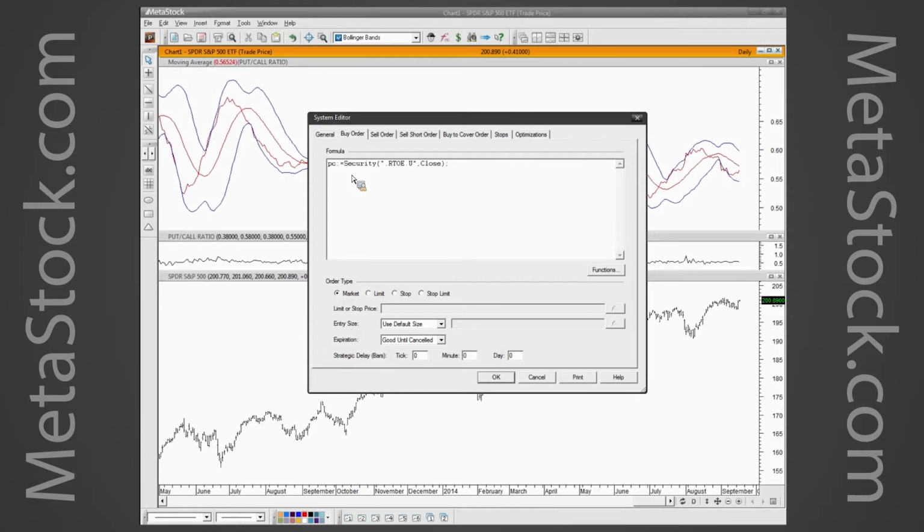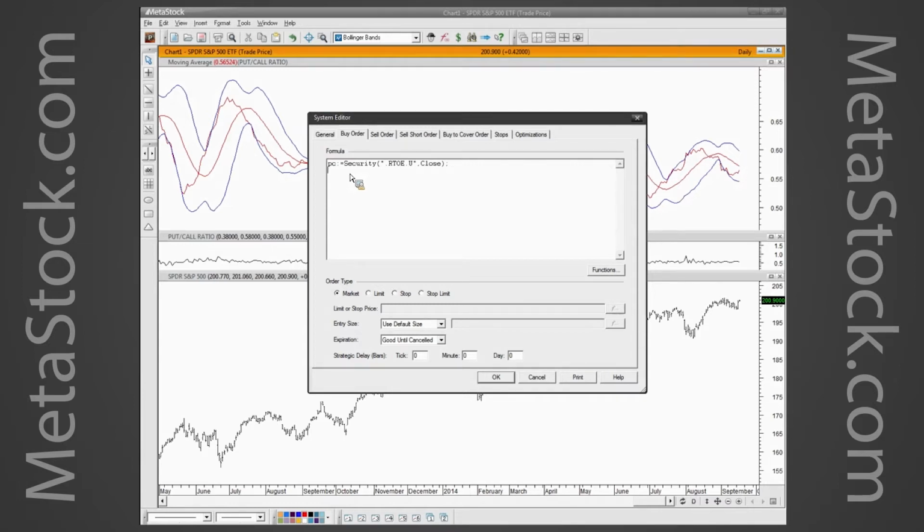So now everywhere in the formula that I have the letters PC, the data for the put-call ratio or whatever I have in my security function will be calculated at that point in the formula. So now we have the first item that we need for our formula.